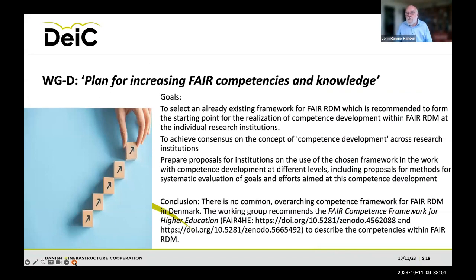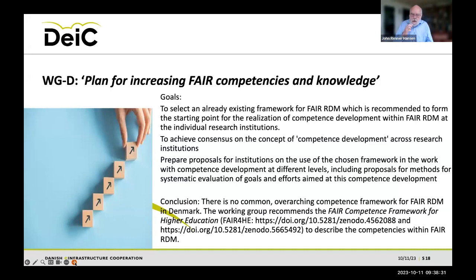Plan for increasing the FAIR competences and knowledge. Well, and Sophie already commented quite a lot on that. That's very good. We need somehow a common system in Denmark, so the students, when they move from one university to another, PhD students, etc., they somehow have the same idea of what FAIR is and why we are doing it and how we are doing it.